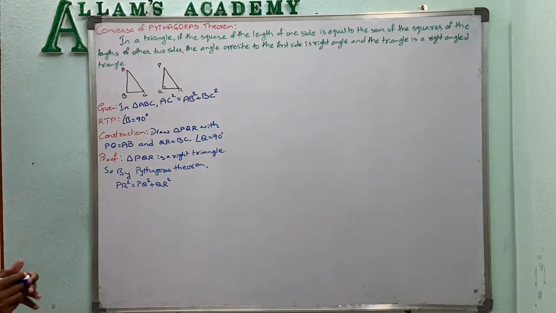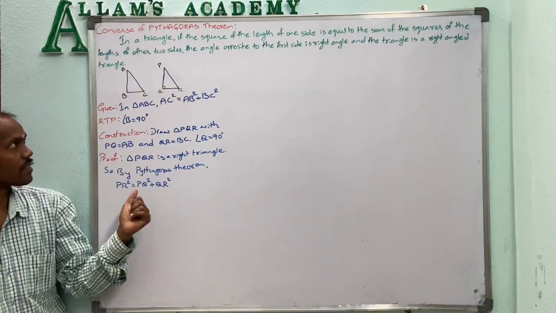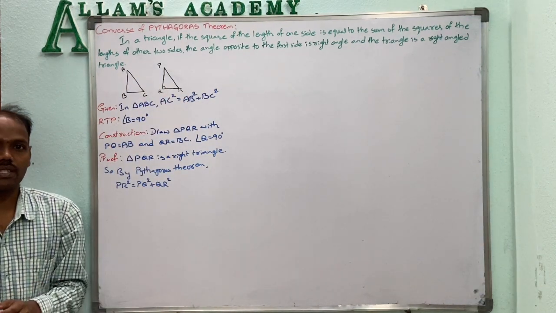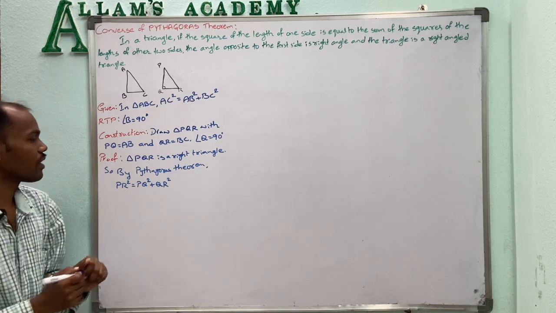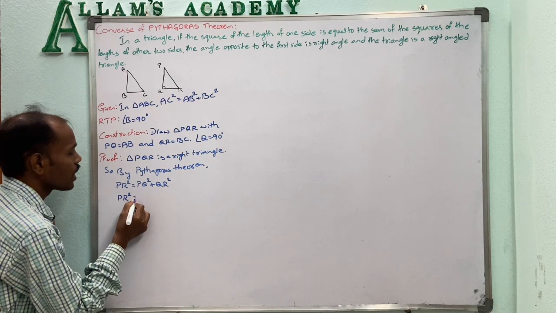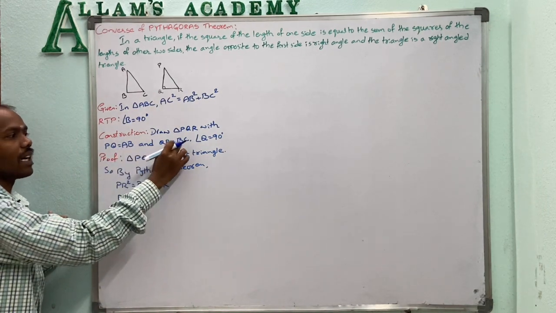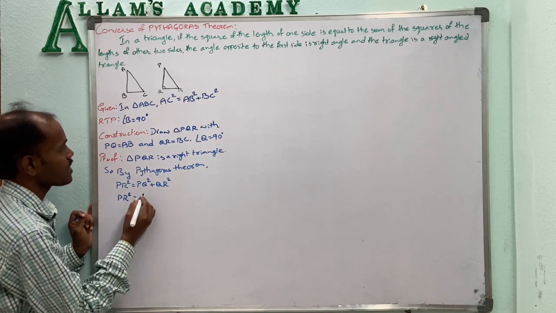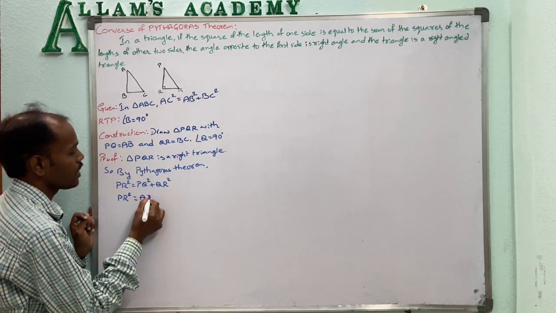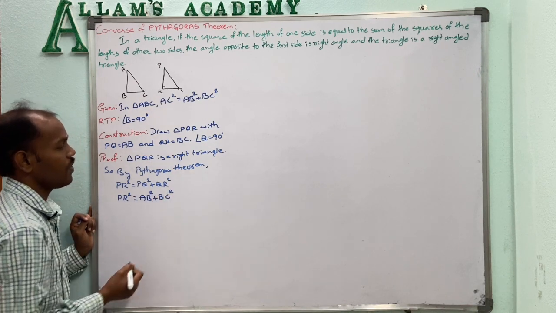Because hypotenuse square is equal to the sum of the squares of the remaining two sides, that is PQ square plus QR square. So now PR square equal to, in this PQ and QR we can write AB and BC by construction. So that is nothing but AB square plus BC square.